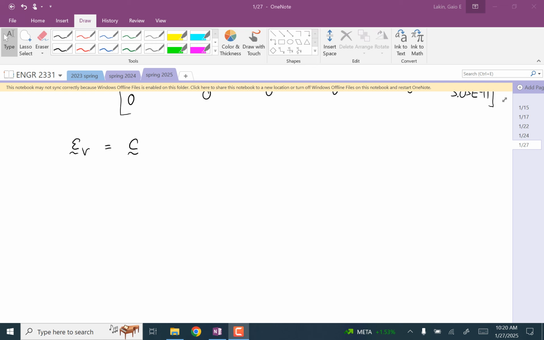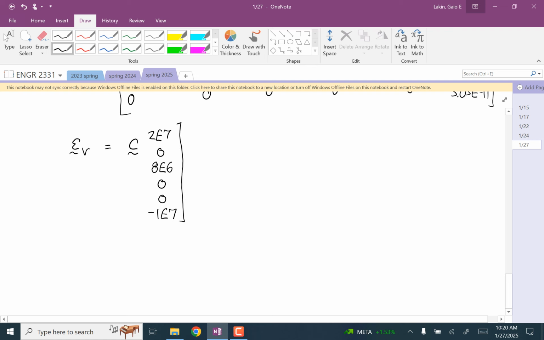Voigt stress is the XX normal stress, the YY normal stress, the ZZ normal stress, 8 times 10 to the 6. Now the YZ shear stress, the XZ shear stress, and the XY shear stress. Follow the right triangle.